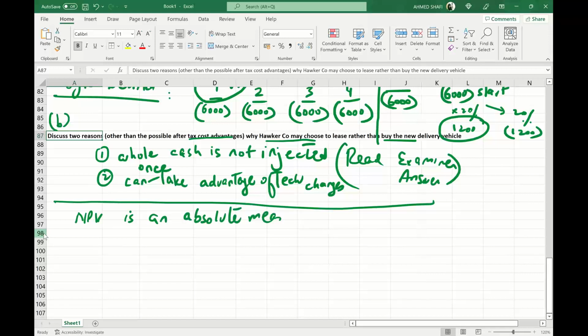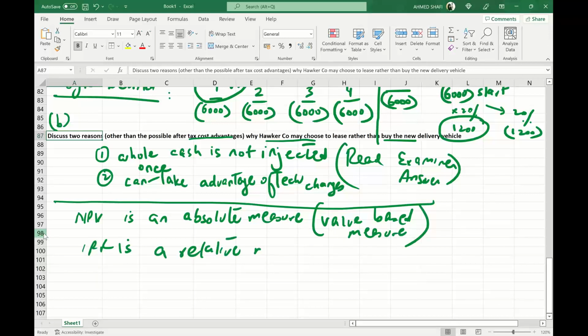In the text, it's mentioned NPV is an absolute measure. Absolute measure means value-based measure. Whereas IRR is a relative measure. Relative measure means percentage-based measure. NPV gives answers in dollars, whereas IRR gives answer in percentage. Remember, the real dollar value is always easier to understand for a person.